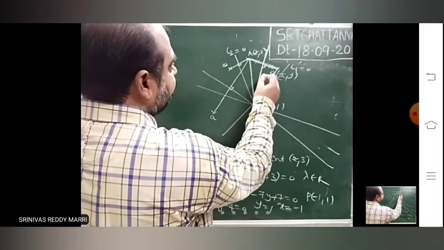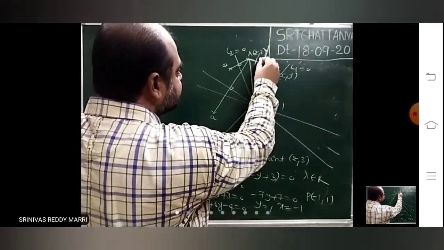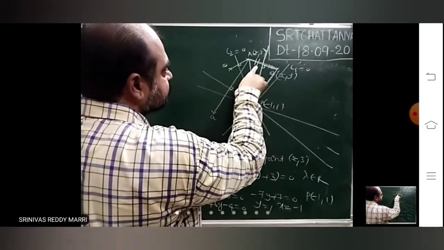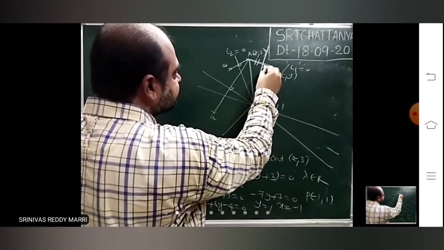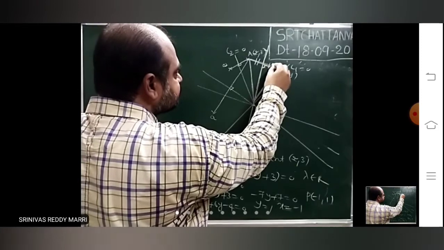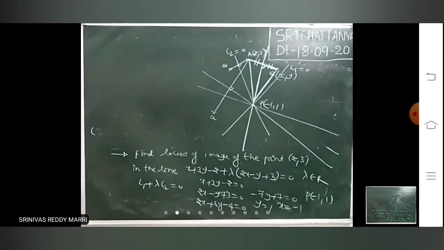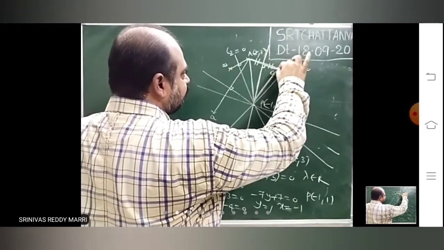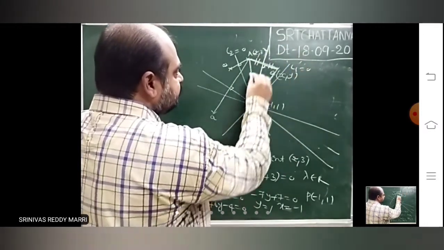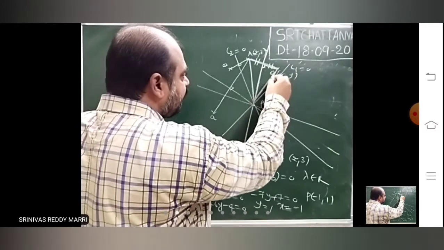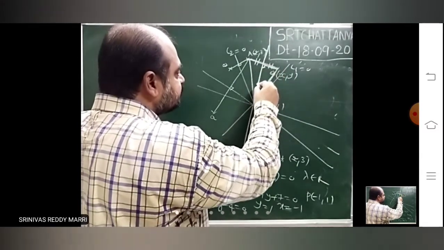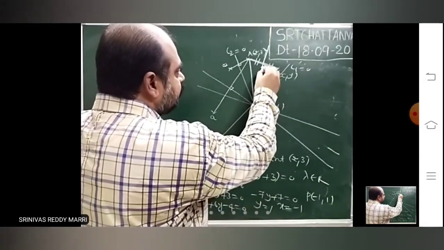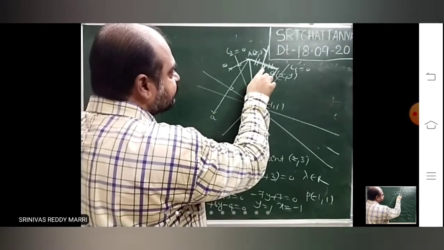Okay, look at here. Why an isosceles triangle? This is perpendicular. AQ is nothing but a perpendicular bisector. Right? So in this triangle, this is a perpendicular bisector as well as an altitude.